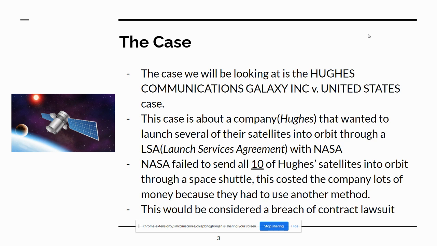So they went through a launch services agreement with NASA at the time, and they wanted them to send up the satellites for them. Unfortunately, NASA failed to do that because of one of their shuttle explosions, and they had to cancel all operations. This cost Hughes a lot of money, so they decided to sue NASA.